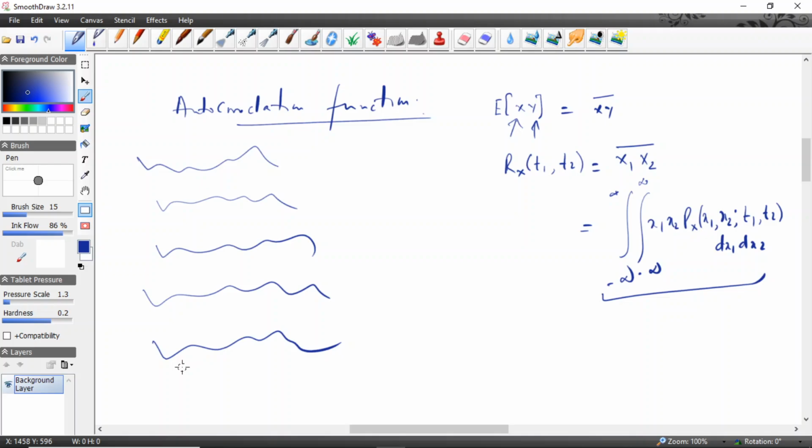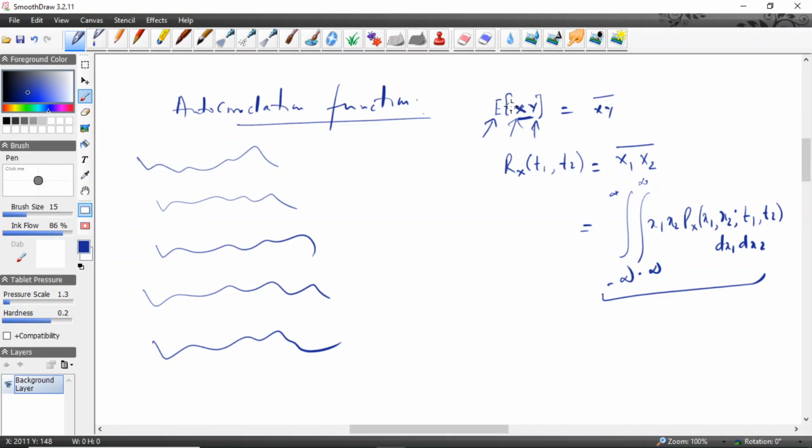See what this relation basically represents: if I take two random variables x and y, and find the expected value of x and y, this is what I call the correlation between the two.